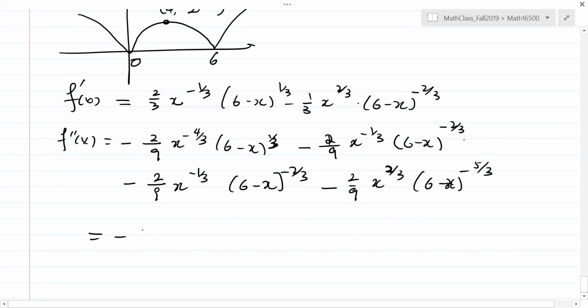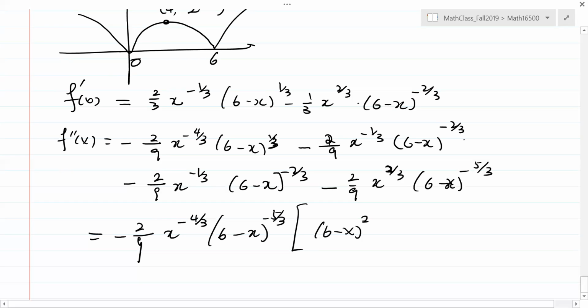We have a 2/9. Let's take a 2/9 out. I take the term with the least power out. I also take 6 minus x to the negative 5/3. Okay, I'm going to collect all the terms here. I think we get a square here.